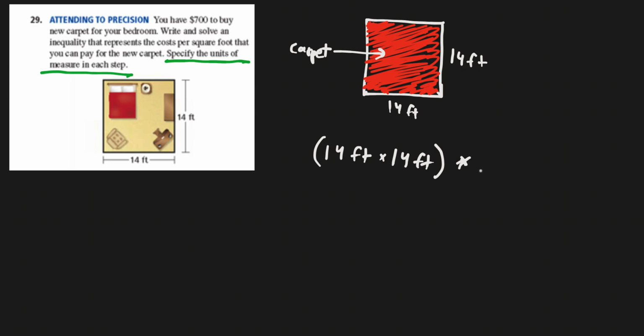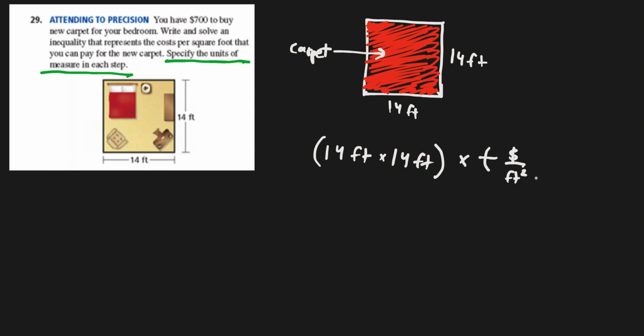So it's going to cost, say, $T dollars per square feet, or feet squared. You can write it like this, yeah, this is an okay way to write it.